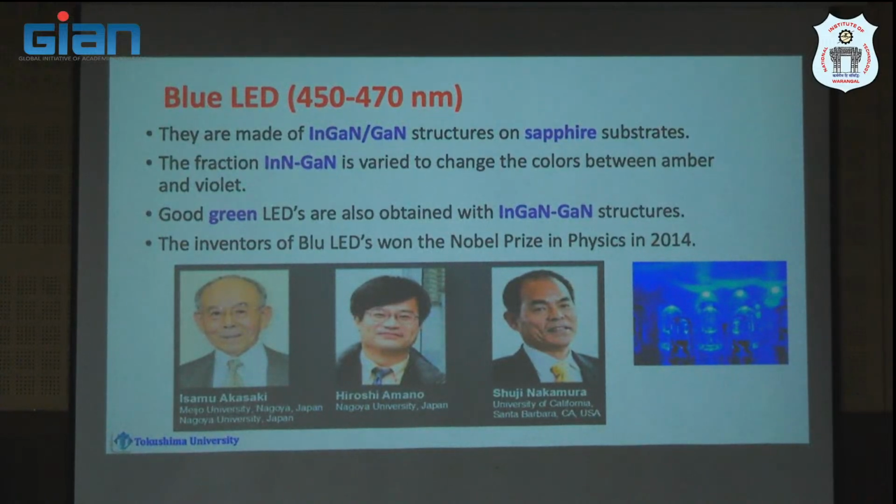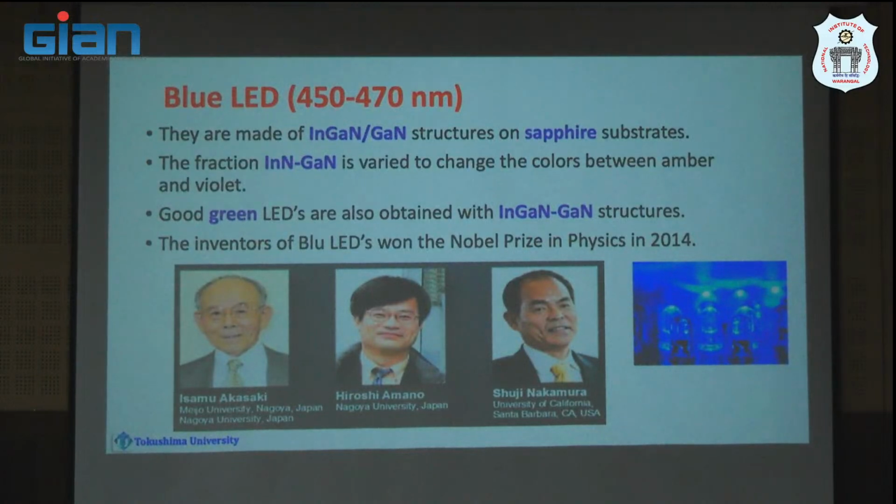Because of the basic colors, green, red and blue. If you have three basic colors, then you can make any color combination, and importantly you can make white color. You know white color is made up of seven different colors, but the basic colors are RGB, red, green and blue.